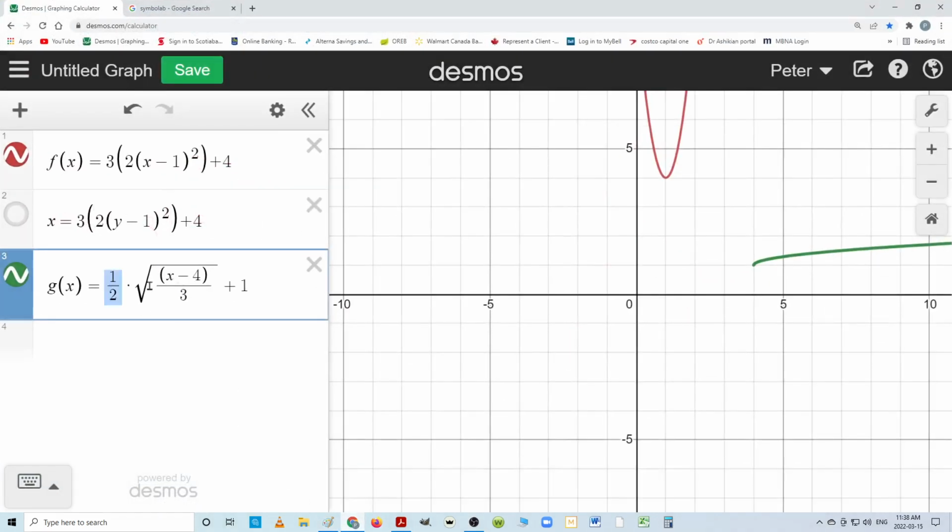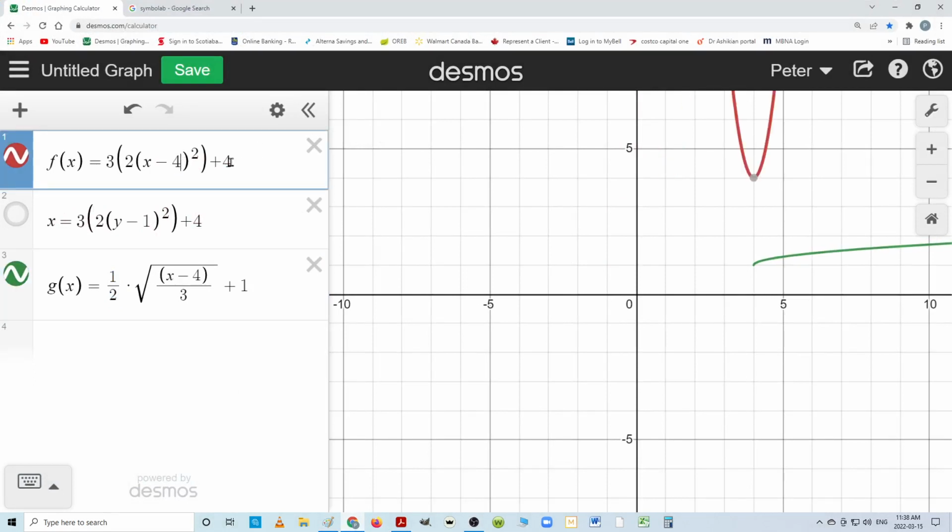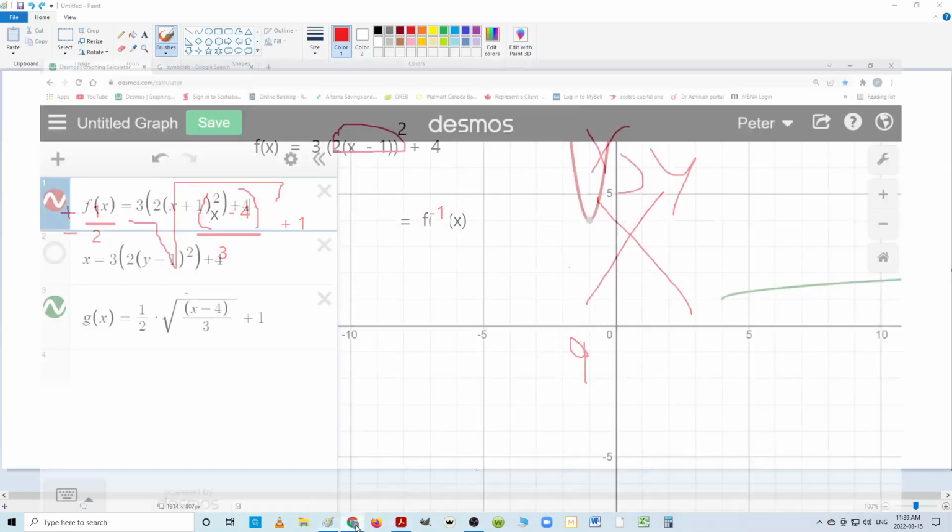Whole thing square root. Oh, here's what's going on. No. Oh, it's plus 1. It's plus 1. And plus 4. Is that right? No, it's minus 1 and plus 4.